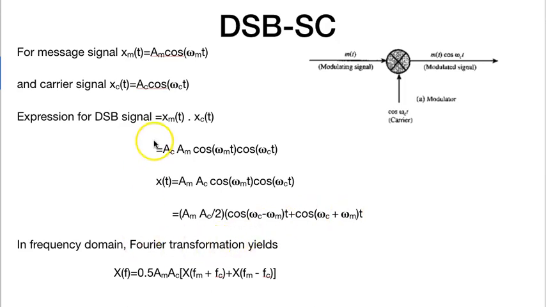Kindly look at the steps that have been explained over here very clearly. In the frequency domain, it will be represented by X(f minus fc) plus X(f plus fc).